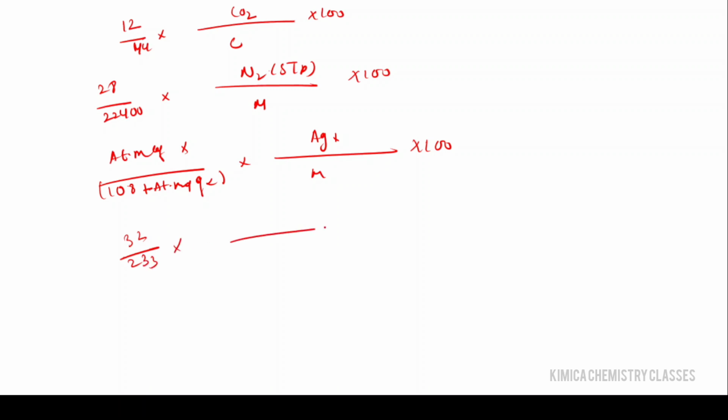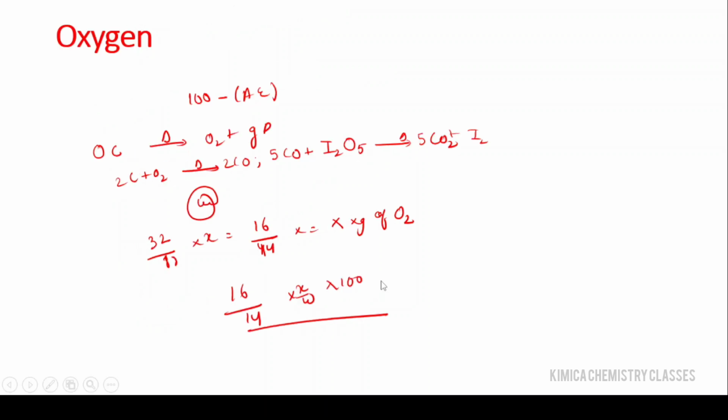This is all just the calculation which we have studied in our previous classes. Percentage of phosphorus is 62 divided by the mass of this amount, into 100, and percentage of oxygen is like this only. So this is the percentage of oxygen.